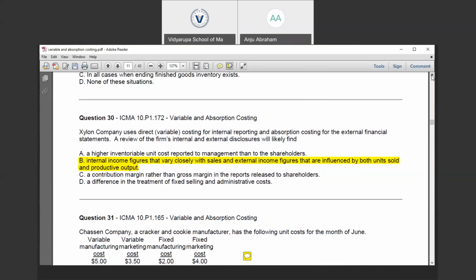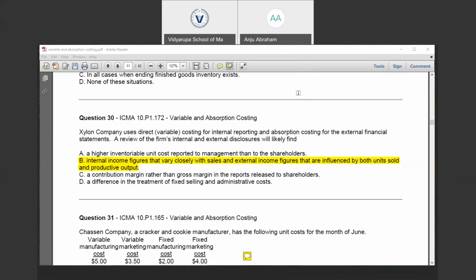Is there any clarity that you need in certain concepts? So are you clear with what we have learned today?